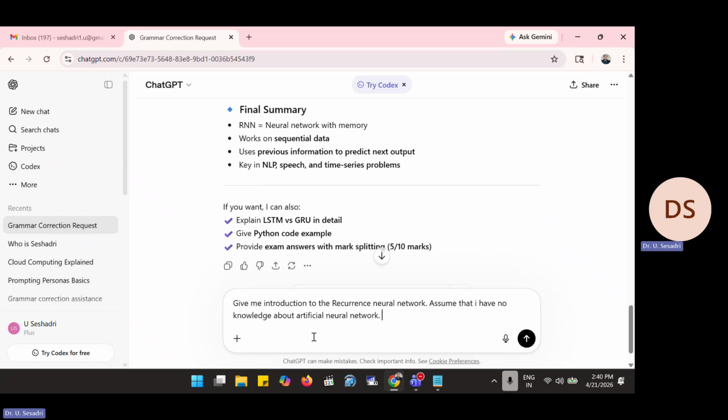Also, I have to mention that we can describe the architecture in simple words using multiple examples.